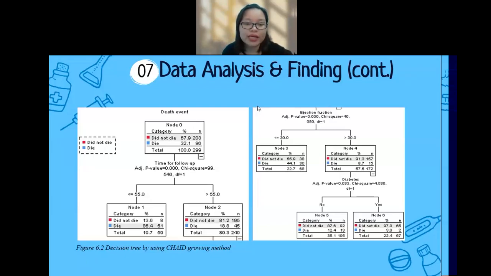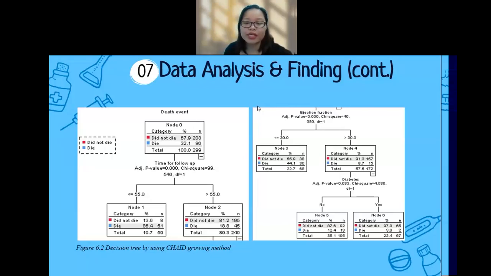Here, the time for follow-up was the most significant factor regarding survival, so the parent node containing all 299 patients splits into two child nodes, one containing below 55 days for follow-up and the other above 55 days for follow-up. From there, we can see 91.3% of the patients survived if they have follow-up periods above 55 days.